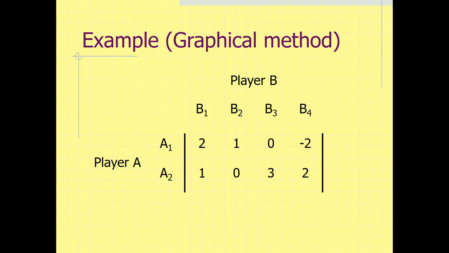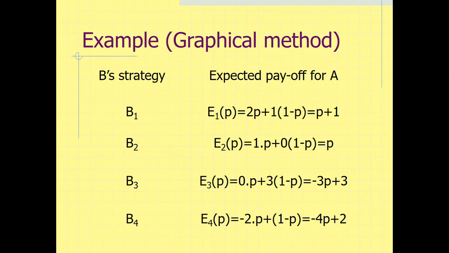Accordingly, the player A would resort to mixed strategies. Let the player A play the strategy A1 with the probability P, and hence the strategy A2 with the probability 1 minus P, since the sum of the probabilities of the two strategies should be 1.